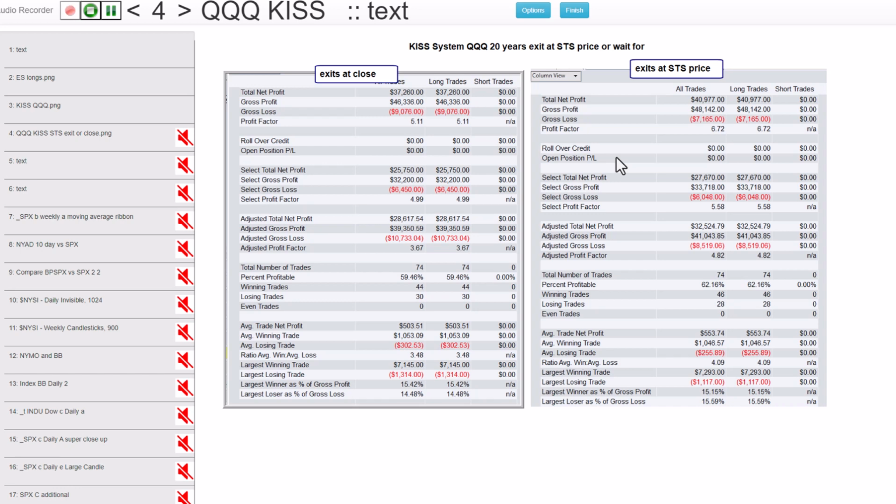You have to go through all that time, see so many examples and things to finally figure out enough things through experience to come up with these things. Anyway, sorry to be long-winded, but pretty cool. These KISS systems appear to be more profitable if you exit at the STS stop, smart trailing stop, instead of at the close. Next.